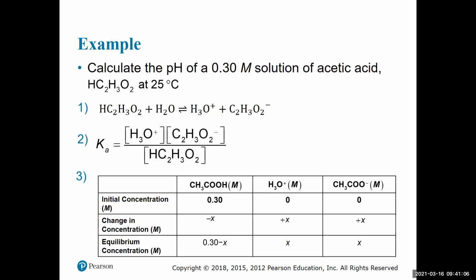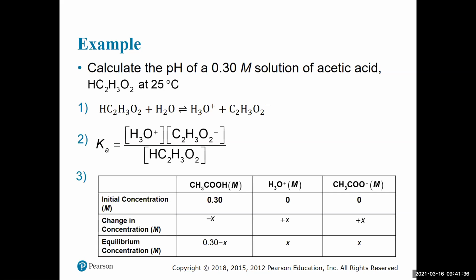That change in concentration we're going to find is X. So some amount of the acetic acid dissociates. And because of the stoichiometry being ones across the board in front of those molecules, our equation tells us one mole of the H3O plus and one mole of the acetate ion form. And then finally, we can express this at equilibrium as 0.3 minus X, X, and X.